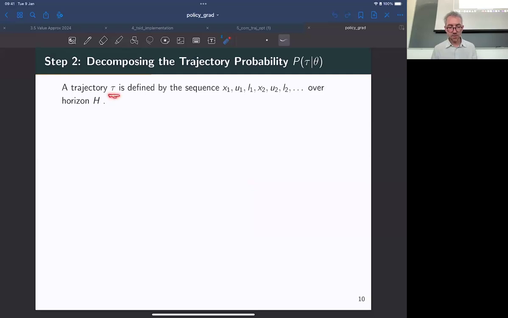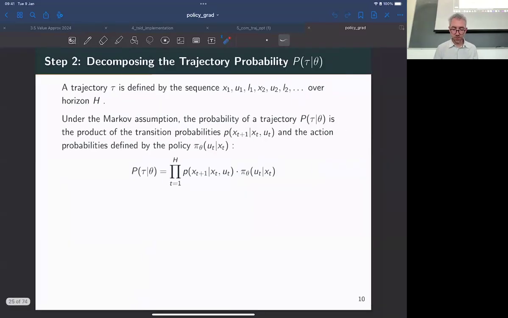A trajectory tau is defined by a sequence of state, control, and cost over your episode horizon. So we can write the probability of a trajectory as the product of the probability of visiting state x_{t+1}, starting from state x_t and applying action u, times the probability of choosing that action u while being at state x_t.